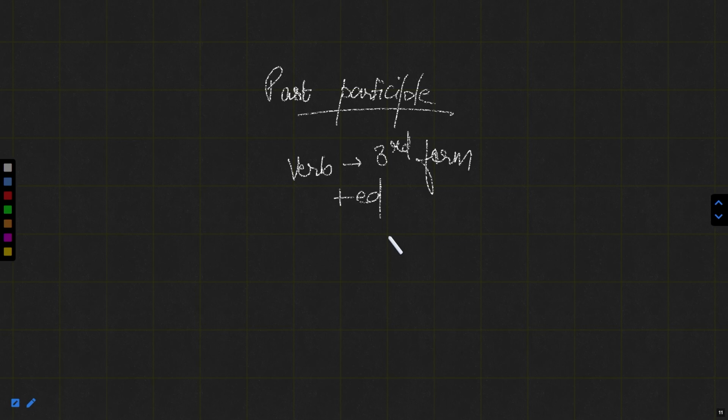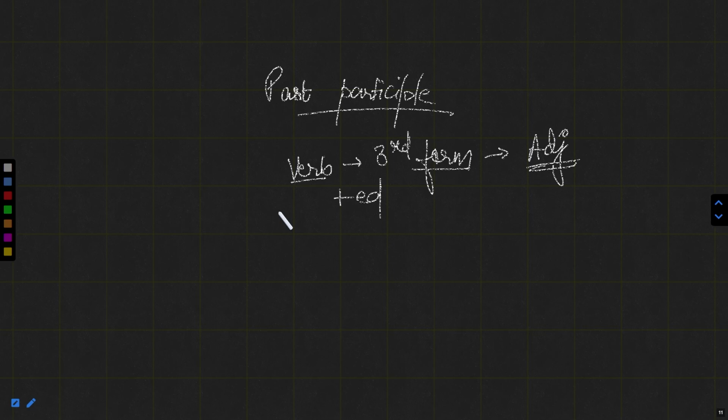For example, we have a word sing. For that particular verb, we have third form sung, hang, hung, hanged, like that. So whenever we have a verb in a third form and it behaves like an adjective, which tells us the quality of a noun, it is known as past participle.